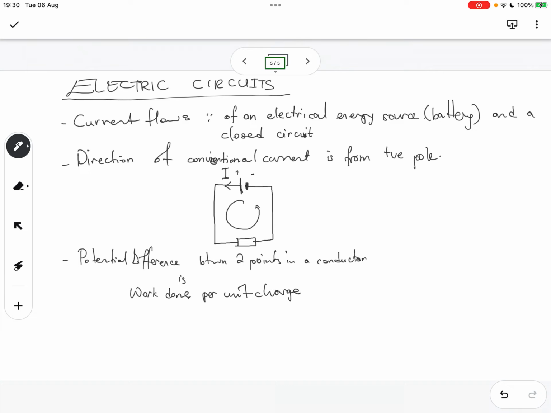And this moves a positive charge from one point to the other. And this is also measured in volts. So that would be the voltage in the circuit. So what this is explained by, the potential difference is work done per unit charge. And yeah, this is also the energy.